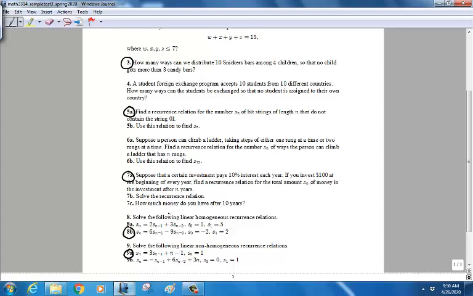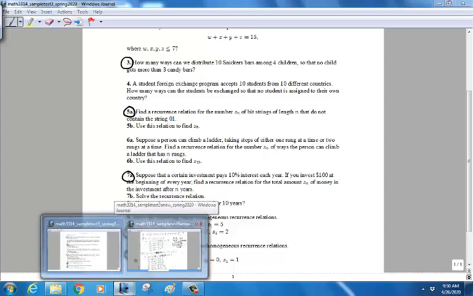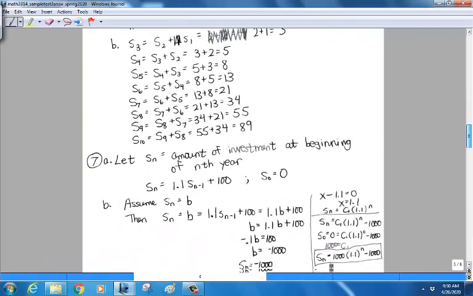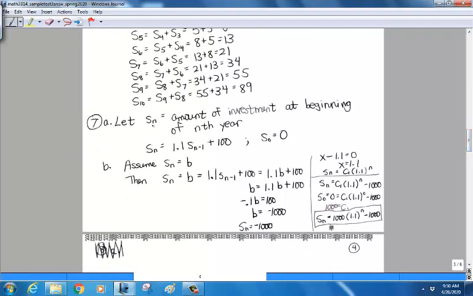So let me show you what I did here to make the problem easier to understand in the solution. Actually, I'm going to let S sub n be the investment at the beginning of the nth year. So I'm going to change the definition of S sub n a little bit.